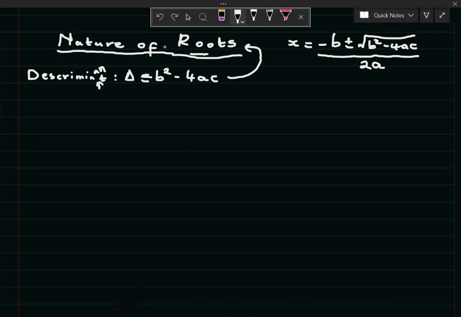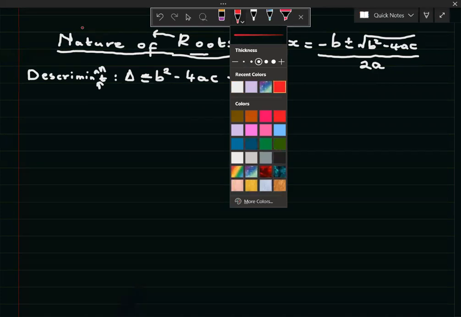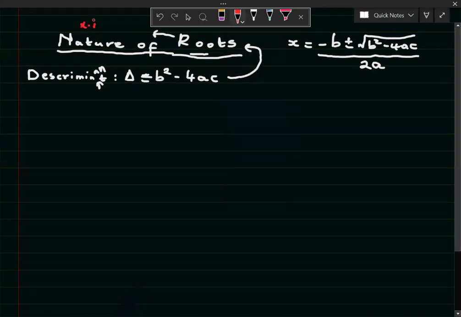In this video, we're going to be looking at the nature of the roots. The nature of the roots is basically the nature of the x-intercepts. When you think of the roots, you must be thinking of the x-intercepts of the parabola.